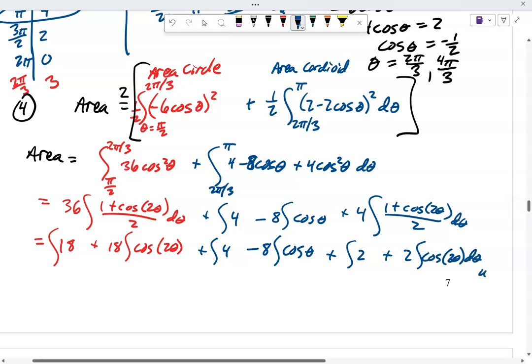I'm going to go ahead and let u be 2 theta on that. And same thing over here, I'm going to let u be 2 theta on that.